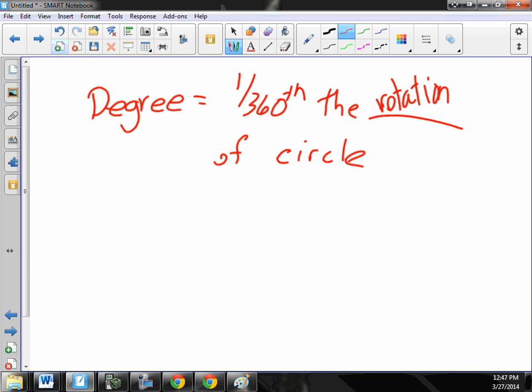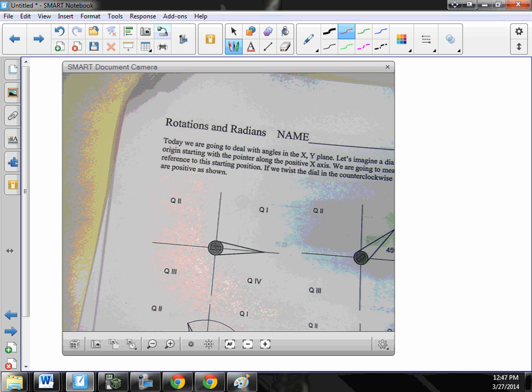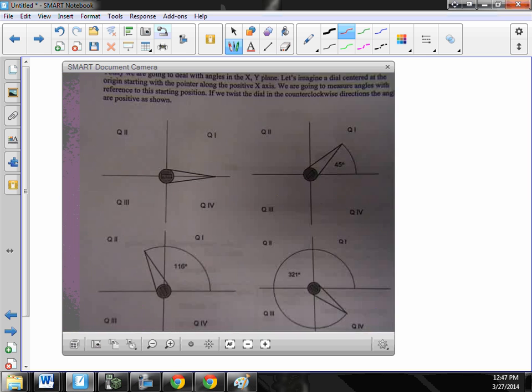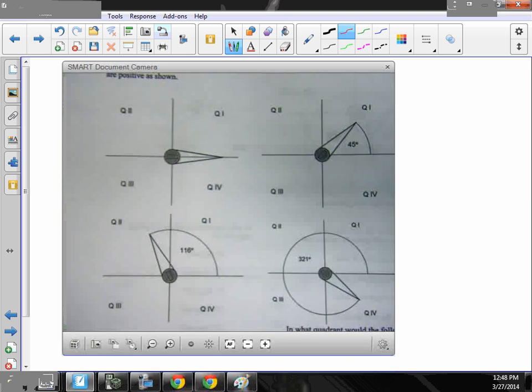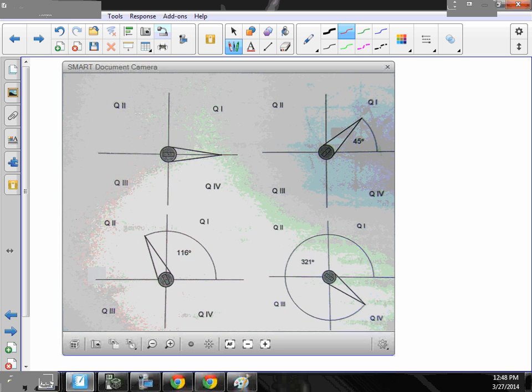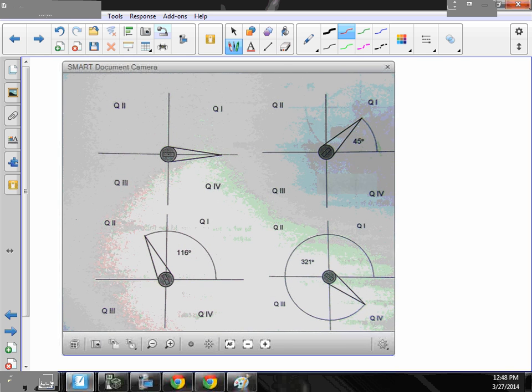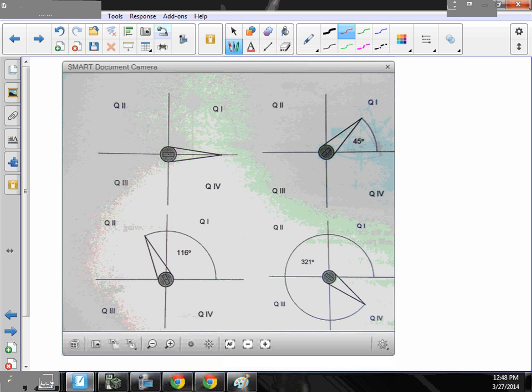Okay. Take a look at the first page of your worksheet. So we have a dial here, and notice the names of the quadrants: QI, QII, quadrant 3, quadrant 4. Have you ever wondered why we do them in that order?